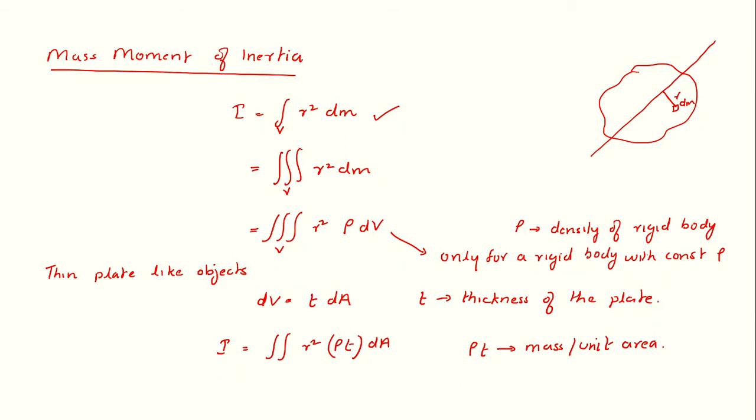This is the corresponding mass moment of inertia. If you are expressing it in terms of the three directions, I will usually write it as I xx, I yy, I zz.